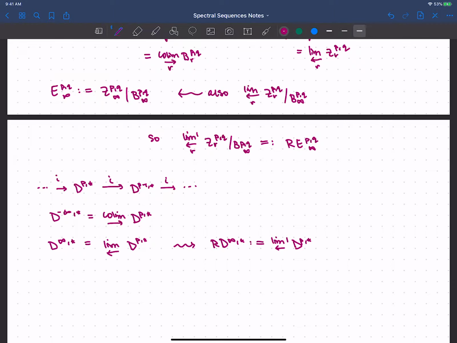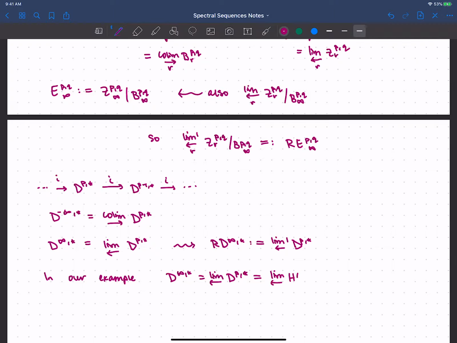Okay, great. So what does that look like in our example? Well, here we've got D_infinity^*, so that's our inverse limit. When you're first playing with these, I think it's really easy to forget which one's the limit and which one's the colimit. So I'll try to remind you. Well, in our particular example, each of those was the cohomology of the pth space.